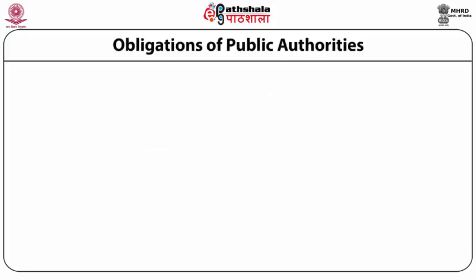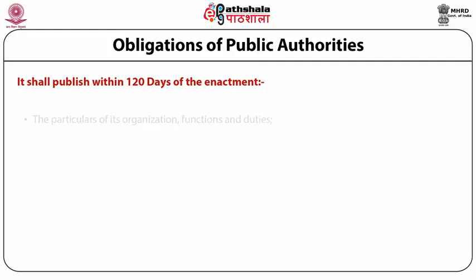Let us discuss what are the obligations of public authorities. Public authorities cannot refuse the RTI, and they have certain duties to be performed. These obligations are: it shall publish within 120 days of the enactment the particulars of its organization, its functions and duties.